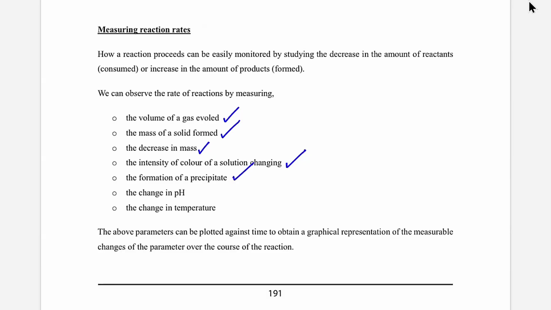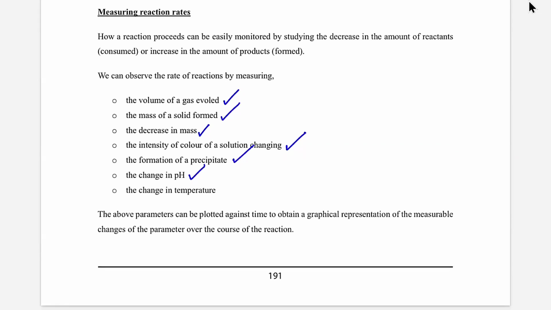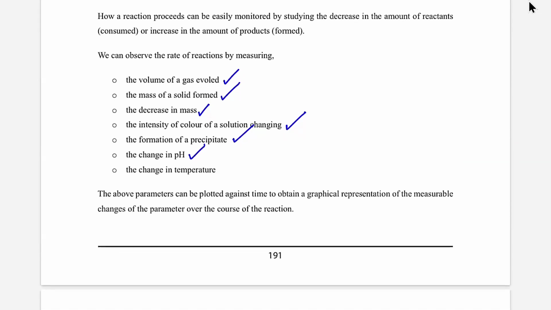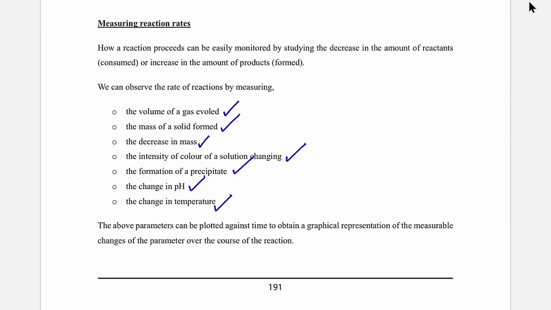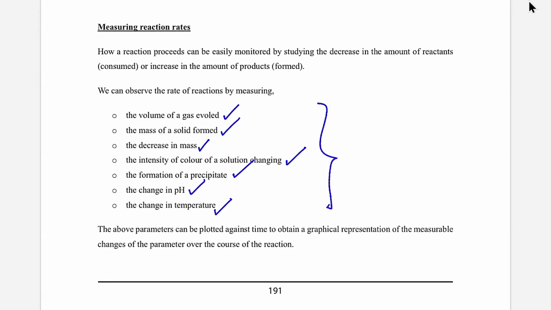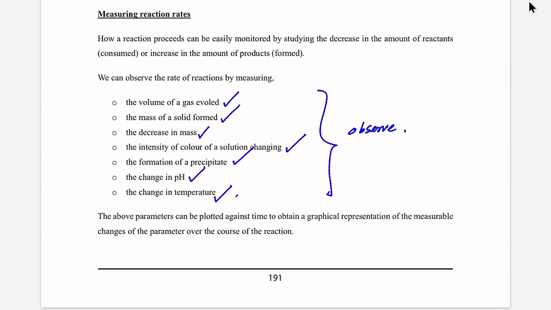If it includes acid or base, and then the change in temperature. So these are the factors that you will observe when measuring reaction rates. Here you have the delta H value, so you're looking at the delta H value here.